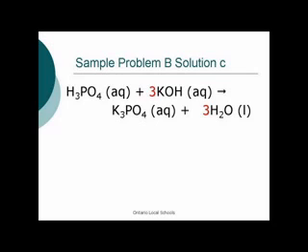So I then put a 3 in front of the H2O to balance my 6 hydrogens. Then I count up my oxygens. I have 3 oxygens in the H2O on the product side. I have 4 in the phosphate ion. When I look up at my phosphoric acid, I have 4, and then 3 oxygens in the KOH. So at that point, I'm balanced.